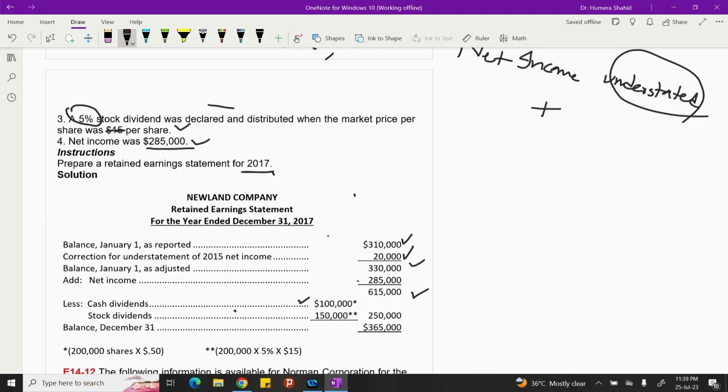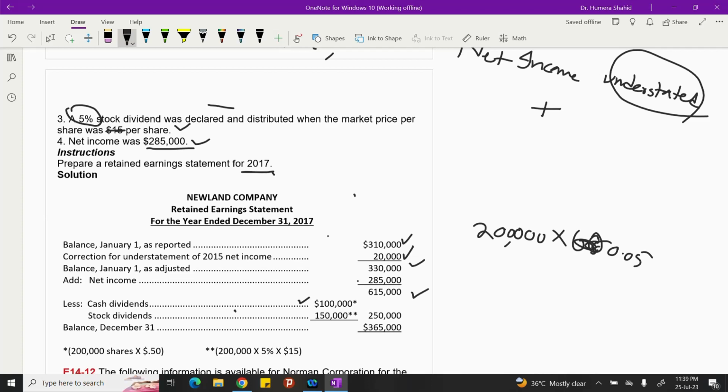Stock dividend is 5%. So our outstanding shares were 200,000 and the 5% of it, 200,000 multiplied by 5%, how many new shares come? 5% means 0.05.